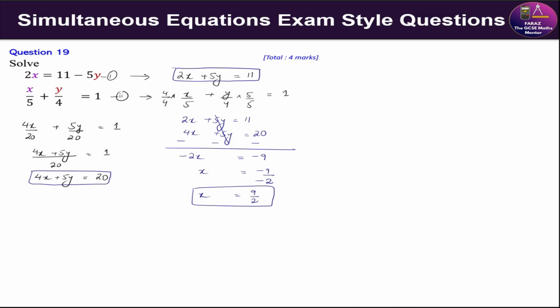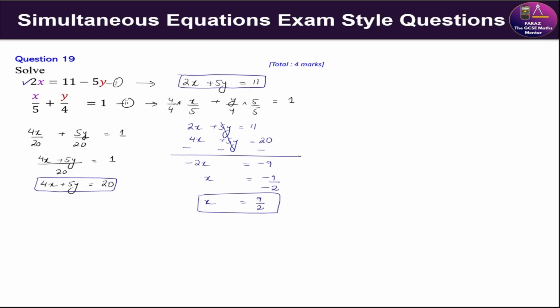Okay, now we have to substitute this x equals to 9 over 2 in any of the equations. So let's say if we substitute in equation number 1, 2x equals to 11 minus 5y. Now in this equation, make y the subject first because we have to calculate the value of y.